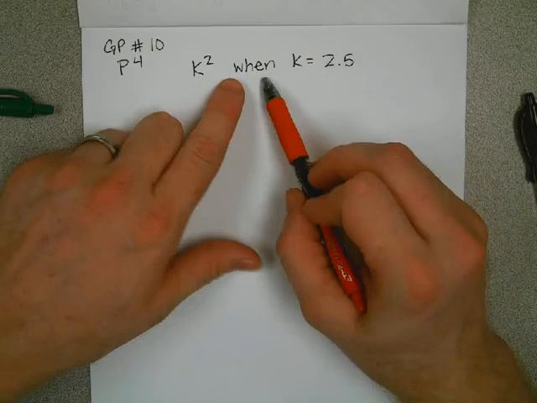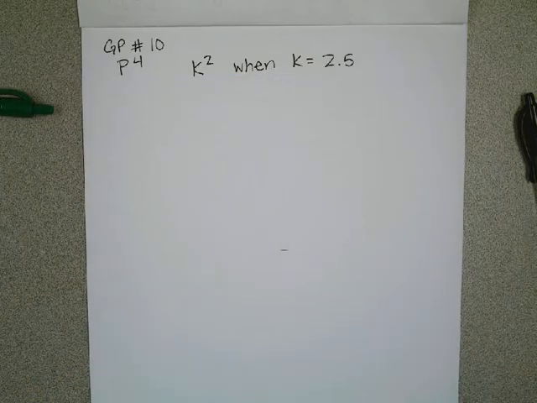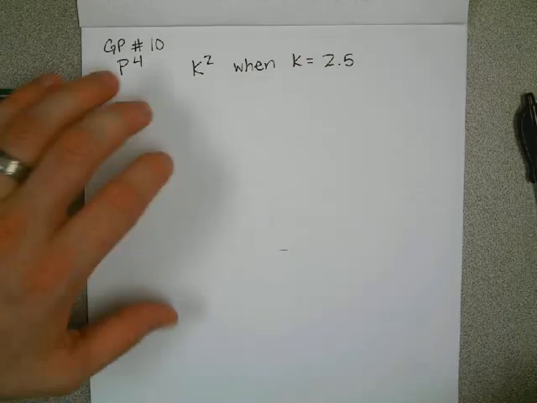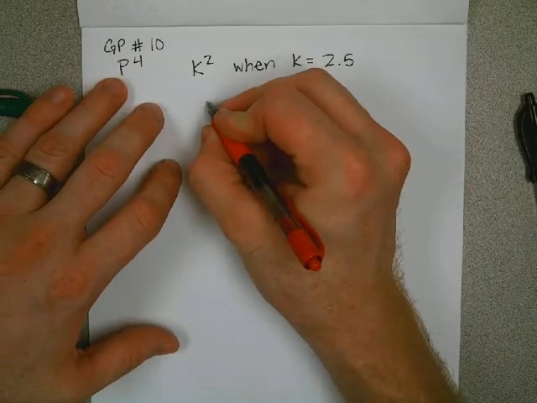The same rule applies as in guided practice number 3 earlier, and that is you're just going to substitute the 2.5 in. So we're going to put the 2.5 in for the k. I'm going to put parentheses around it. Once again, the parentheses aren't necessary, but it's a good habit to get into. And 2.5 squared ends up being 6.25.